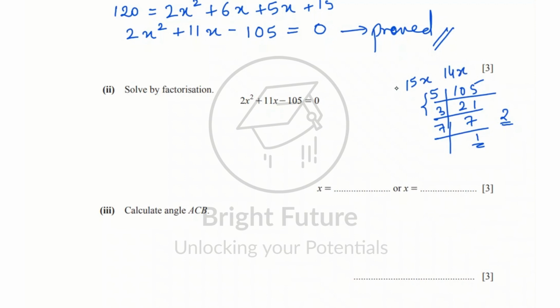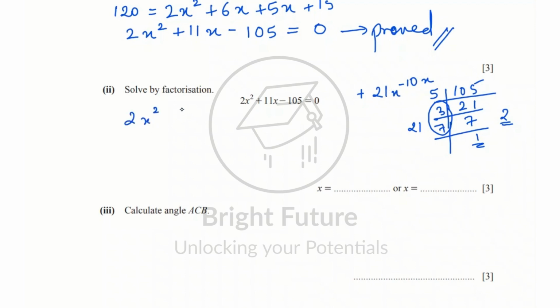Since my answer should be positive, the bigger number will be positive, the smaller number negative. Sorry, we want our difference to be 11, so 21 and 10. The answer should be positive and this will become negative. Yes, right, now we have got the right ones.